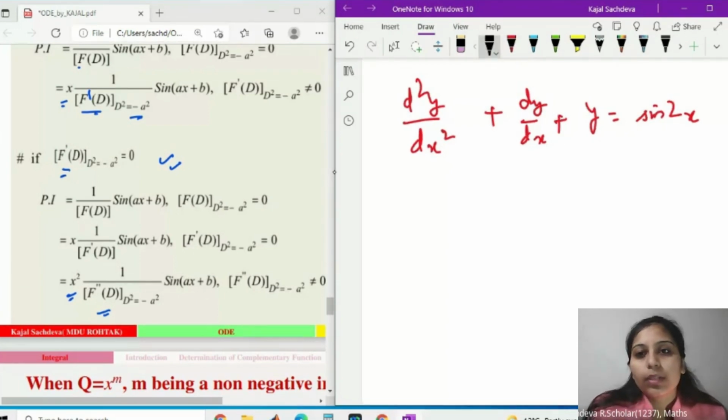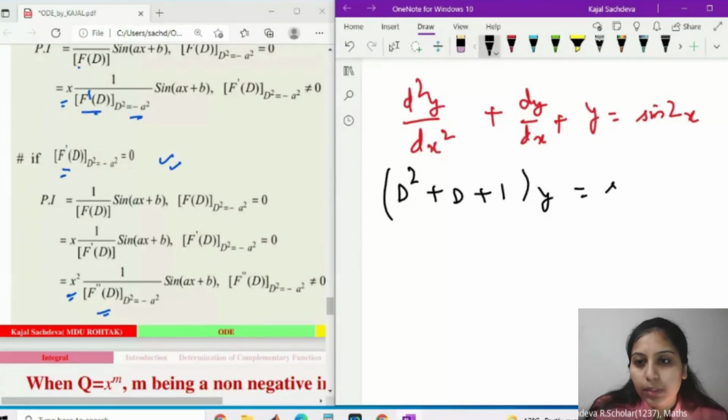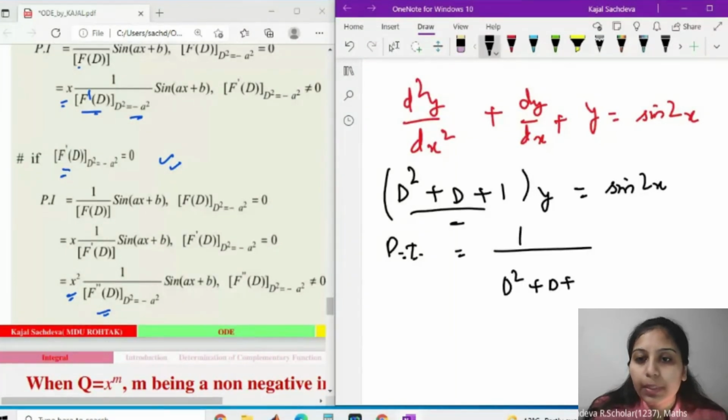So first of all, write this equation in symbolic form. Just D square plus D plus 1 into y is equal to sin 2x. So for finding PI, we just write it as 1 upon f of D, that is D square plus D plus 1, into sin 2x. This is the value of Q.